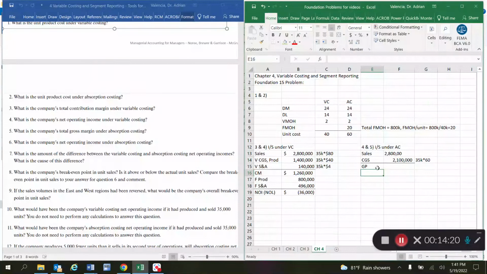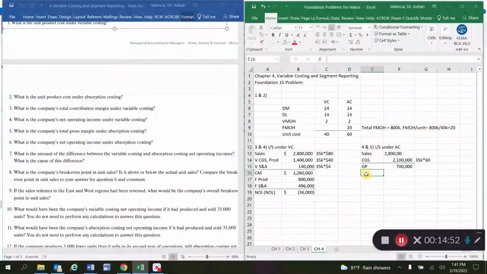Under the absorption cost, and what we're saying is this difference of $700,000 is the markup on my products. So if my costs are 2.1 million and I'm selling them for 2.8 million, it's like saying I'm marking up the cost $700,000. Just another way of looking at it.